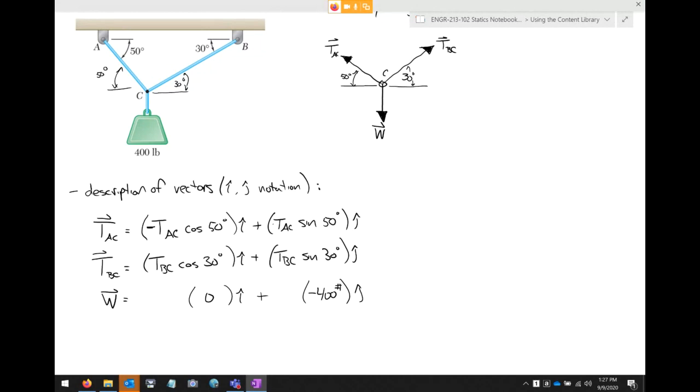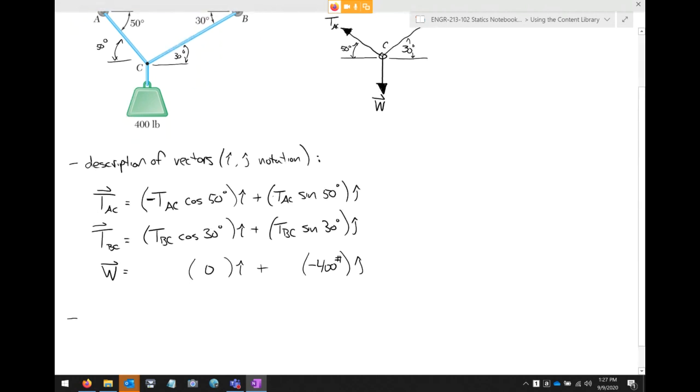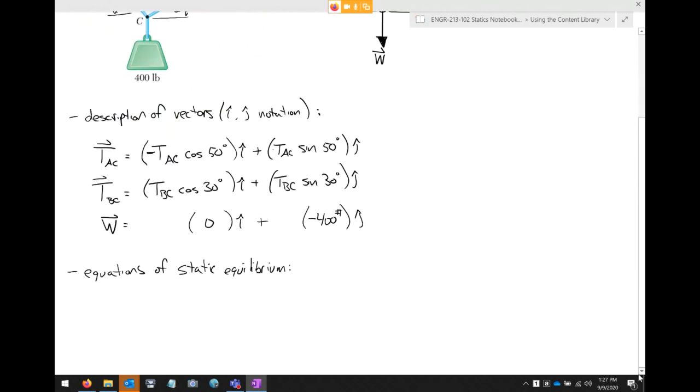Okay. So up until now, this should be stuff that you're familiar with. We've done this in previous problems, taken vectors and expressed them in this IJ notation. Now here comes the new stuff. Now let's look at equations of static equilibrium. I'm going to scroll down a bit, give myself a little more room to write.